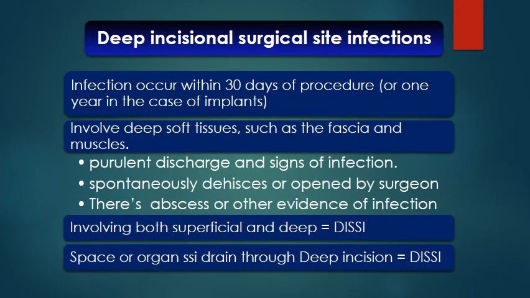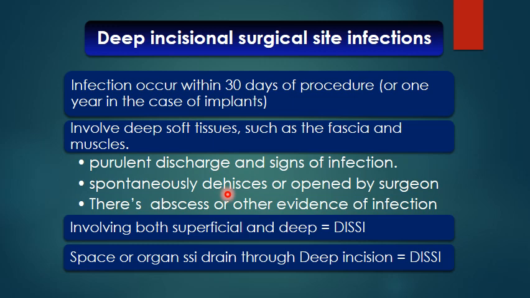Second type, deep incisional surgical site infection. Infection occurs within 30 days of the procedure, or 1 year in case of an implant. It involves deep soft tissue such as fascia and muscle. It may be presented with purulent discharge and signs of infection, spontaneous dehiscence, or it is opened by a surgeon.